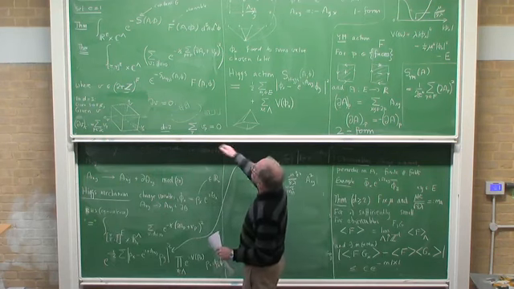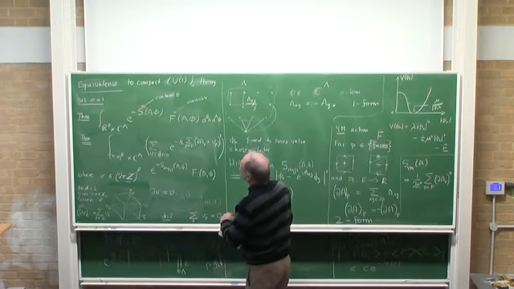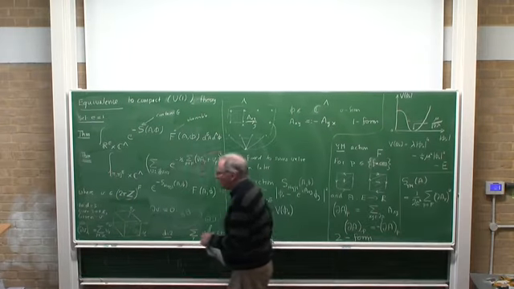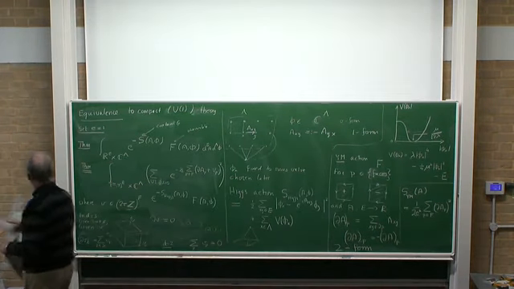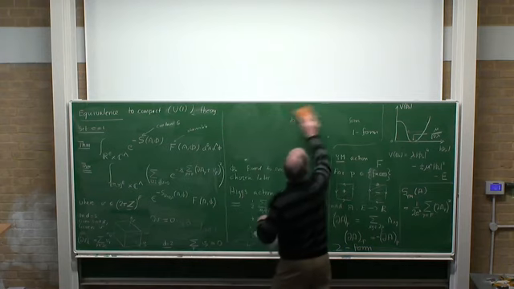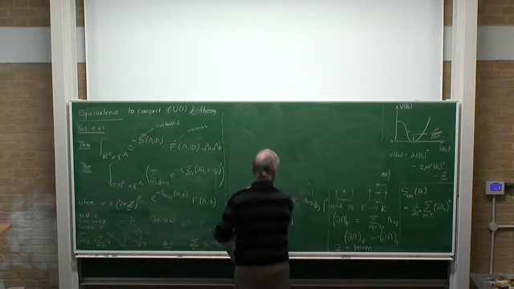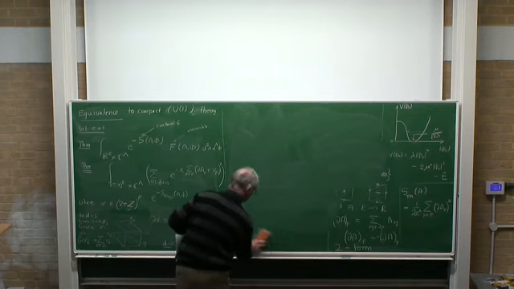So I'm going to try and prove this. It's not very difficult in some respects. So let's keep the theorem here. And let me say a few words about the proof.